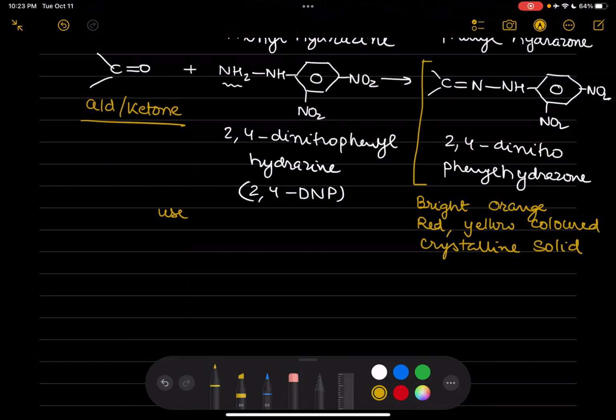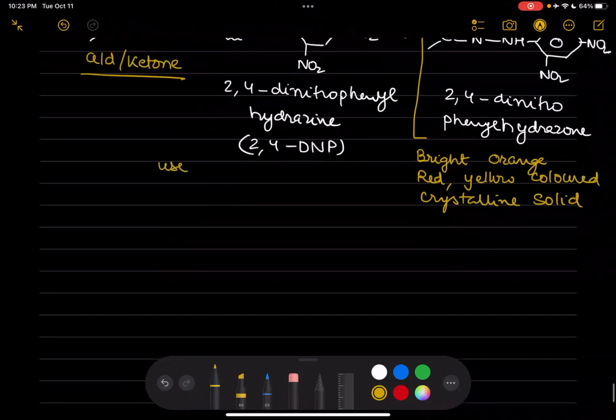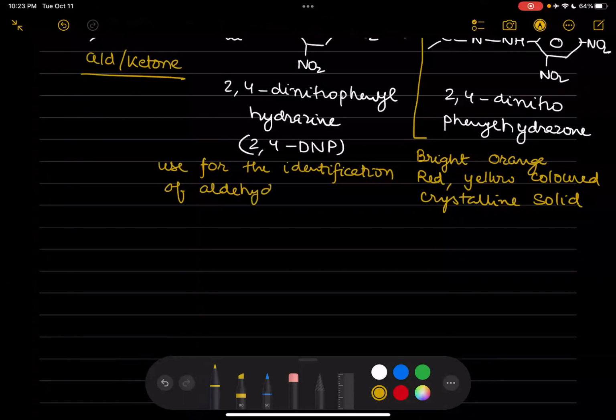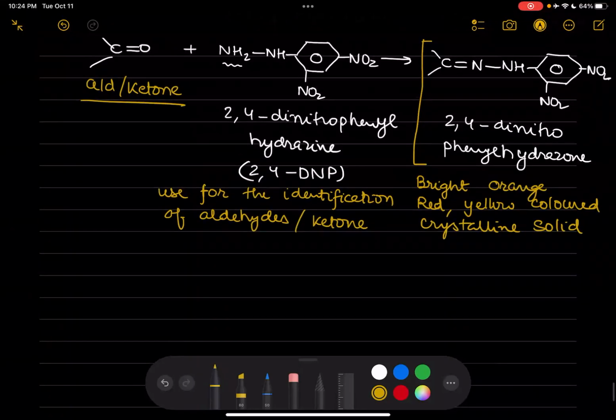And there's a last one among all these. What's the use? Why is it used for identification? It is for identifying whether it is an aldehyde or ketone group.